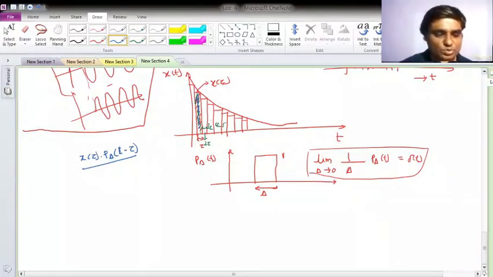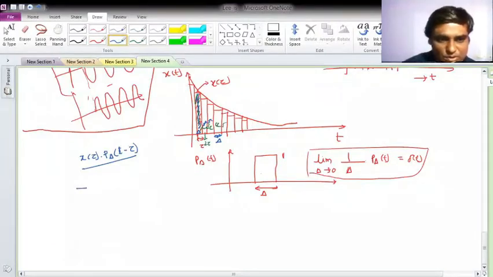In order to do that, first let us see it in the discrete domain. Suppose this is in this delta form. Suppose this width is delta, 2 delta, 3 delta, 4 delta, like this.